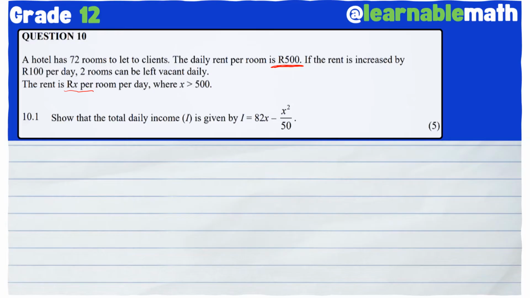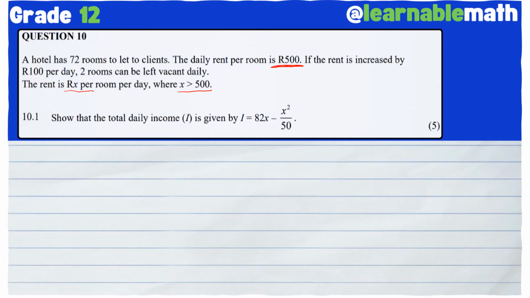But it seemed like it's increasing because they showed us that this x is greater than 500. But we know that when that x, which is the rent per room per day, has increased by 100 rand, there will be 2 rooms that will be left vacant. So you'll have 72 minus 2, which is 70 rooms that can be occupied. So that's the notion really.